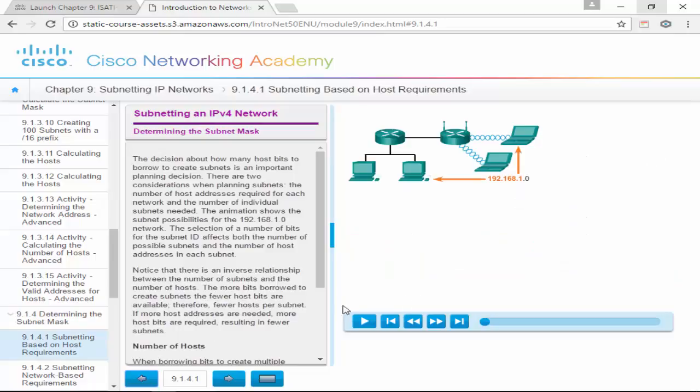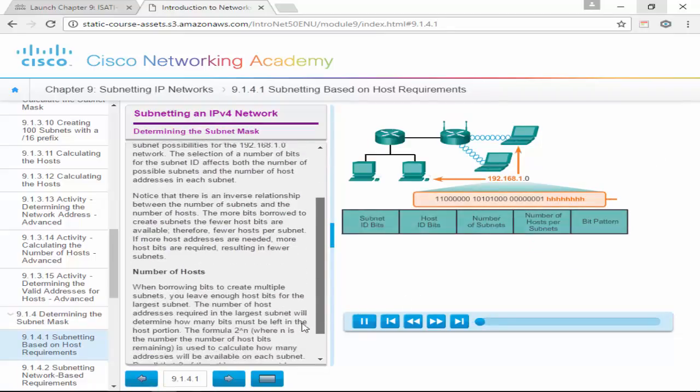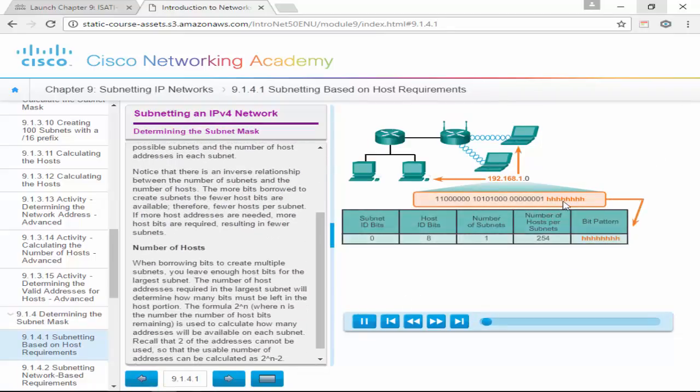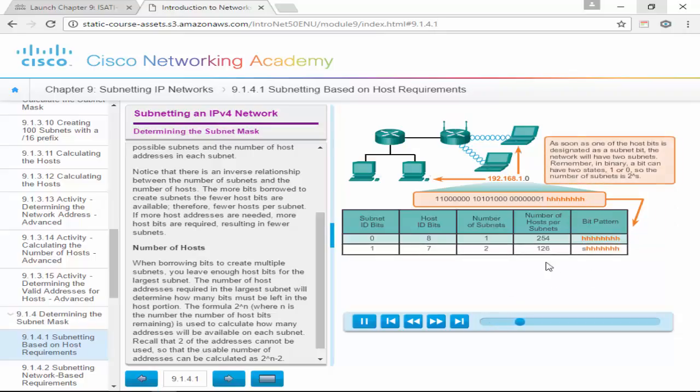Alright, so subnetting based on host requirements, we know this. We just need to find the amount of host bits we need for a certain size. So we have to determine our size, then we just take 2 to the power of that, and that number is the zeros, the rest will be 1s.